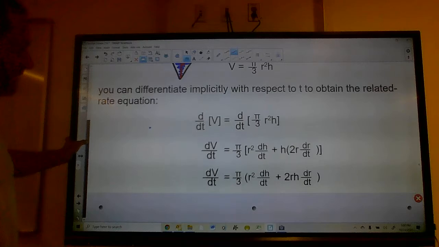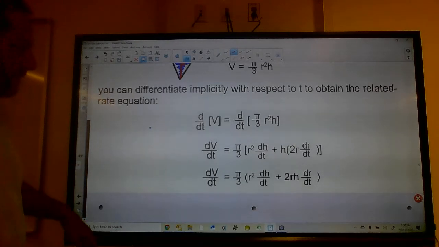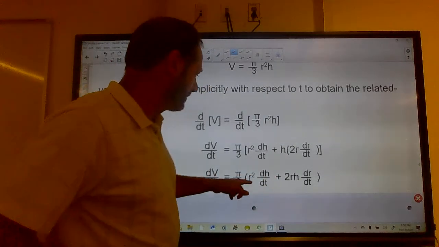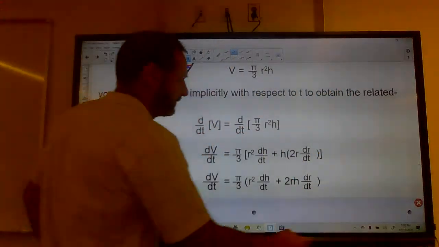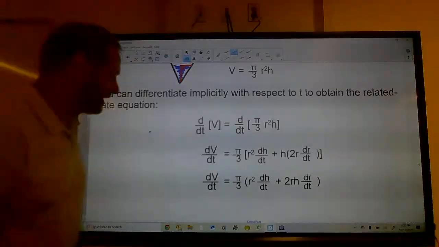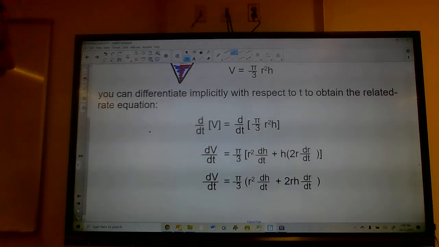And then we just simplify things here, just move the h inside there. And we have a formula here.